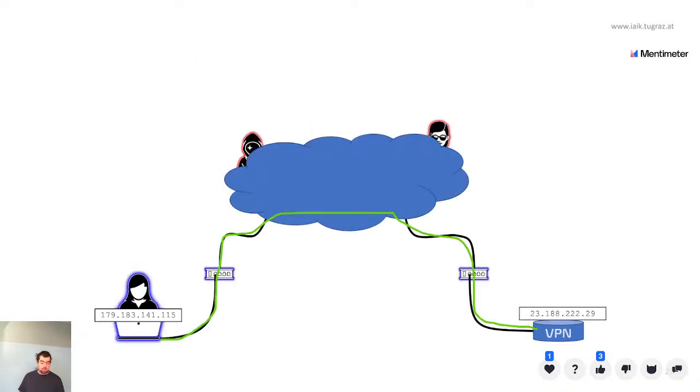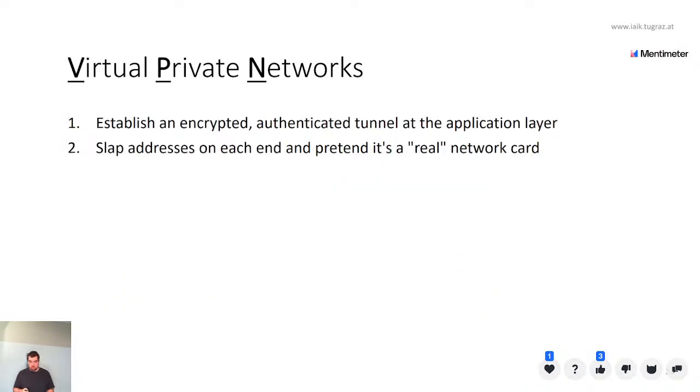So you have this secure tunnel, which I have drawn in green, using my mouse. That's why it looks weird. We have the secure tunnel. What is step 2? Step 2 is we slap addresses on each end. So now we take this application layer connection and we just pretend that this application layer connection is a real network card. That is what we do.